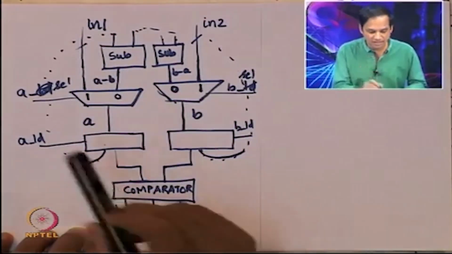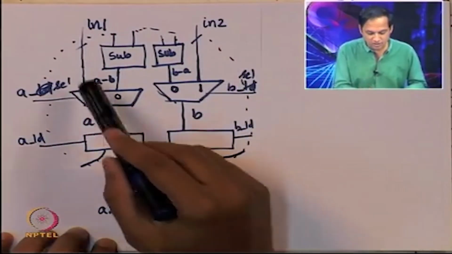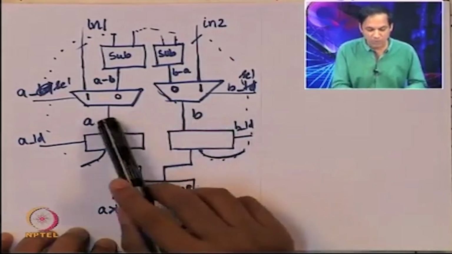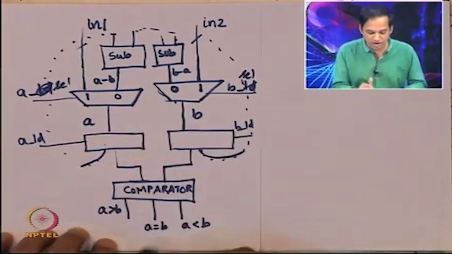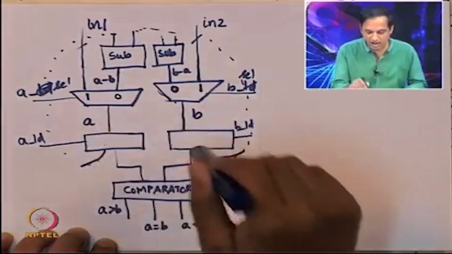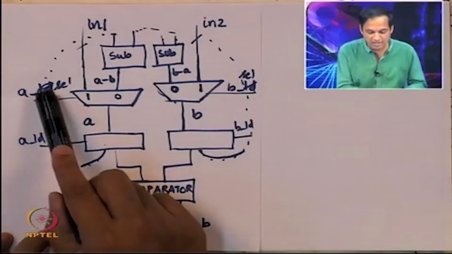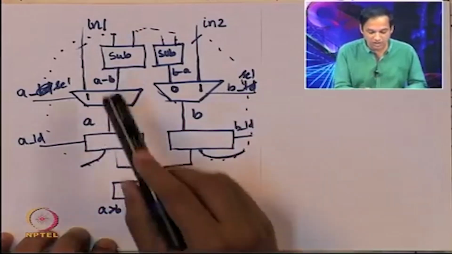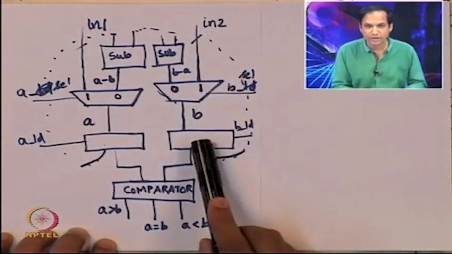Then somehow magically this A select and B select should both be 1, so that it gets into these lines A and B. And once that happens, somehow A load and B load should both be 1, so that the value from the external world is actually registered on A and registered on B. So this should happen first. Somehow this A select, B select, A load and B load should all work together, so that the value from in1 is copied to this and in2 is copied to this.